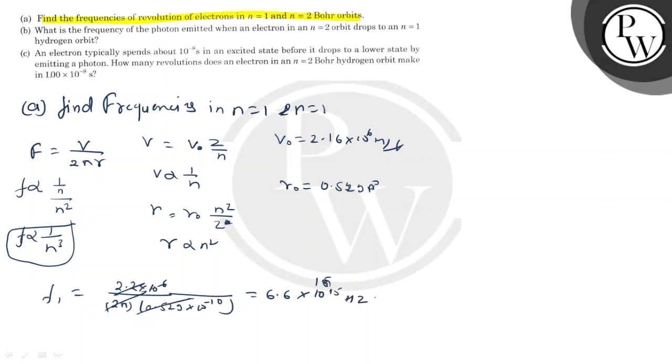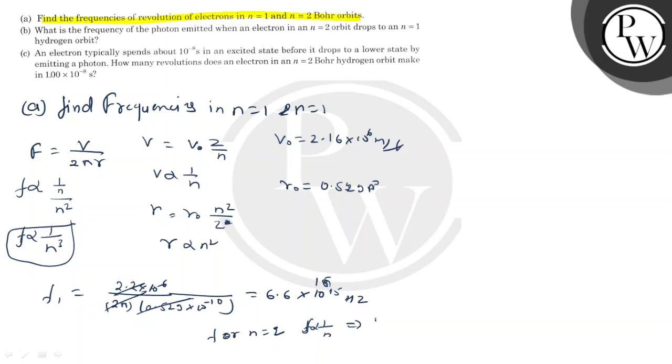Now for n equals 2, the frequency is inversely proportional to n cube, so as n increases, the frequency decreases. For n equals 2, it will decrease by 8 times.